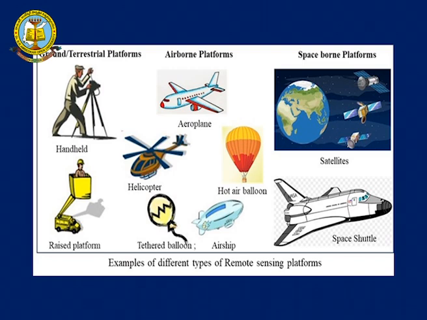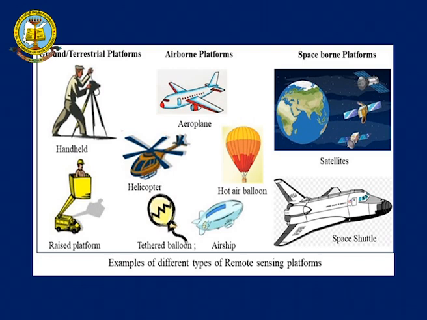Even balloons were used long back as one of the platforms, and we have the tethered balloon as well as the airship. Currently, out of these, we mostly see the aeroplane as one of the primitive and best platforms that captures information using cameras, and it is one of the significant airborne platforms.